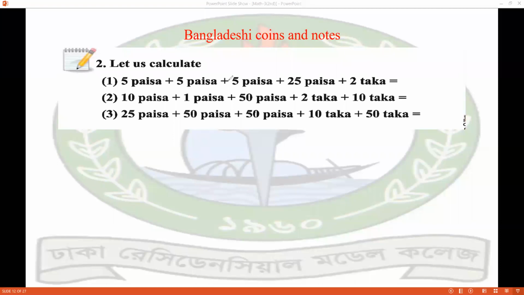There are 3 5 paisa. That means 15 paisa, and there is 25 paisa. So there will be 40 paisa and 2 taka. So we have to write 2 taka and 40 paisa.